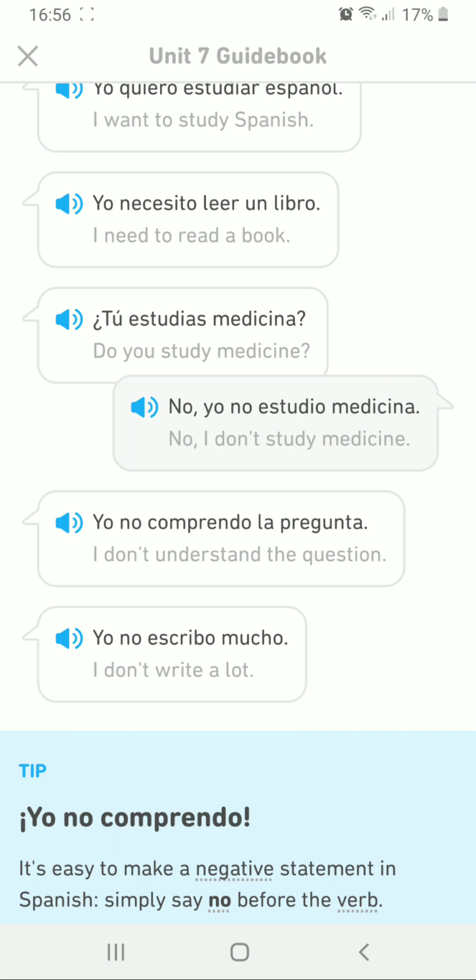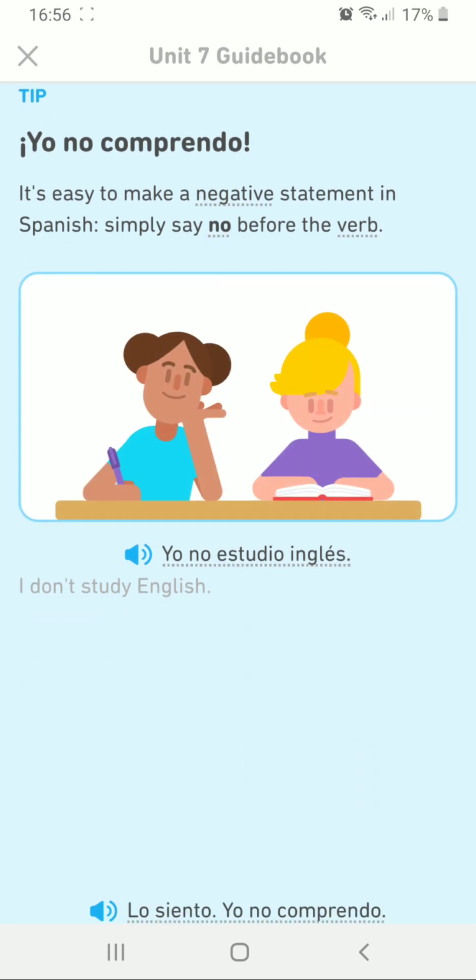So, ¿tú estudias medicina? No. Yo no estudio medicina. Yo no comprendo la pregunta. Pregunta is a question. Respuesta is the answer. Yo no escribo mucho. Again, the B is pronounced as a V.